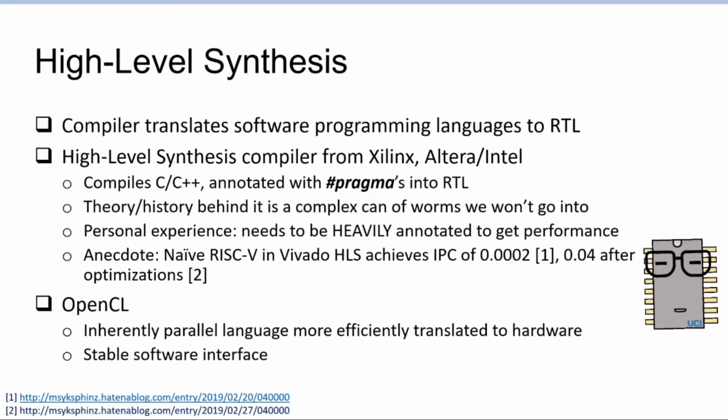And this matches our experience in my research group as well. You need to put a lot of effort into optimizations to get actually good performance, unless your computation is very regular. For example, if you're doing matrix multiplication, I think even without very extensive optimizations, it'll do pretty well.